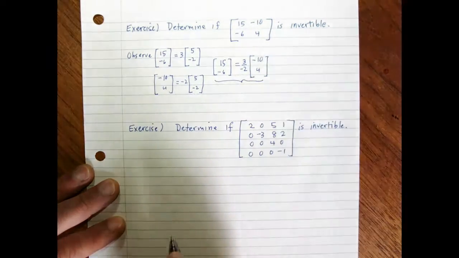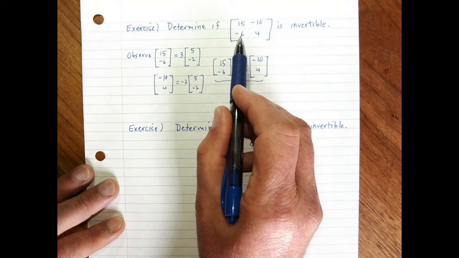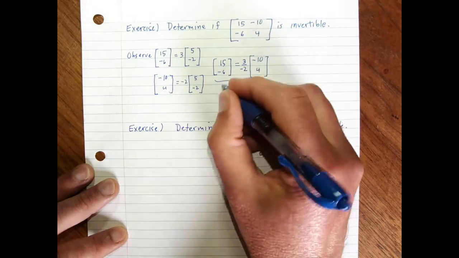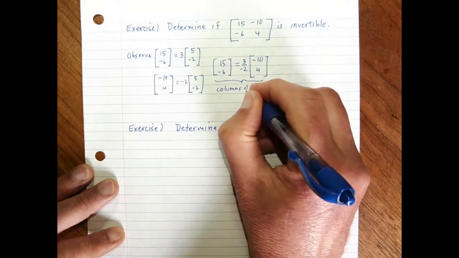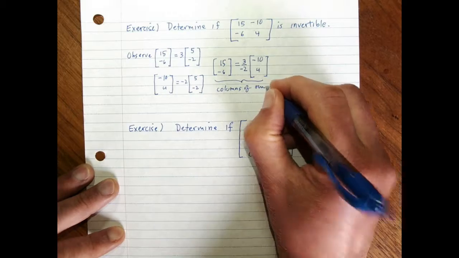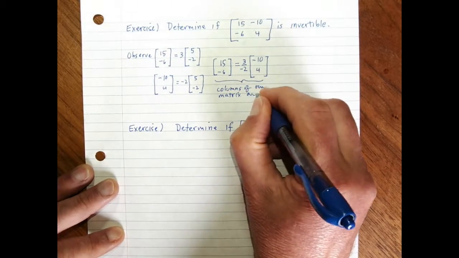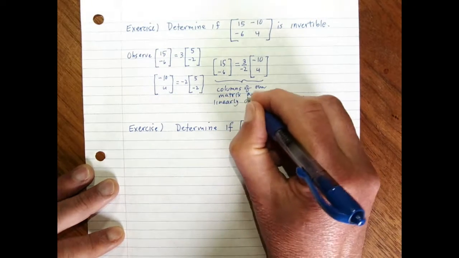What that is telling me is that one of the columns of my matrix here is a scalar multiple of the other. So the columns of our matrix are linearly dependent, right?